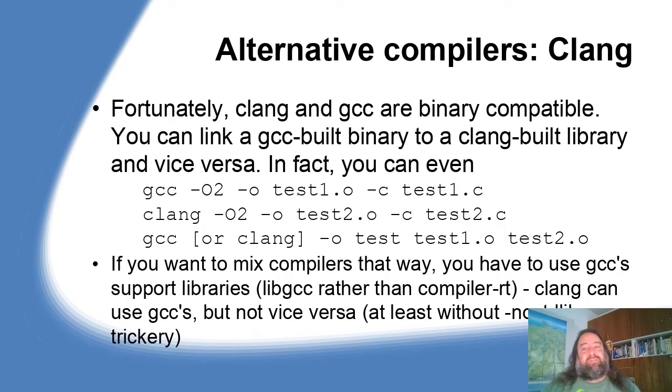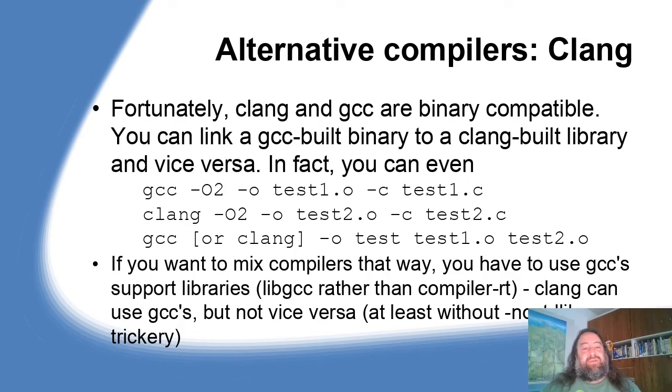One good thing about both Clang and GCC is that they are binary compatible. So you can use a library that was built with one compiler with the other, and you can even build one particular object file with GCC, another object file, part of the same application, with Clang, and then link them together with either of them, and the result will work.